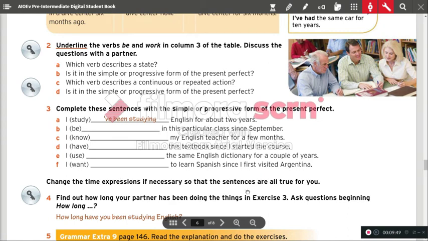Now, moving on, we have this exercise. Change the time expressions if necessary so that the sentences are all true for you. So you're gonna change the time expressions, all right? For about 2 years, since September, for a few months. So you're gonna copy these sentences in your notebook, but you're gonna change this. For example, in number 1, we have, I have had this textbook since I started the course.